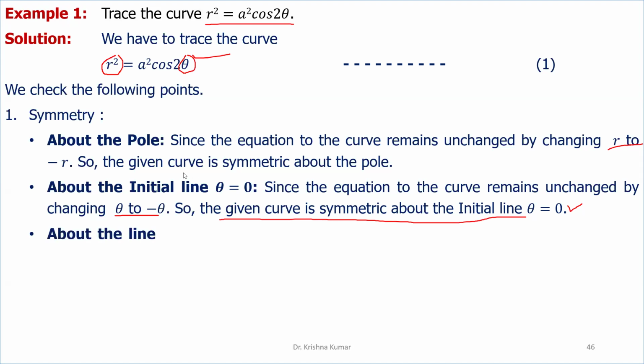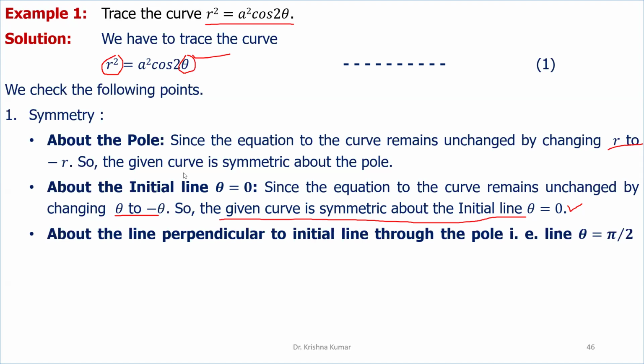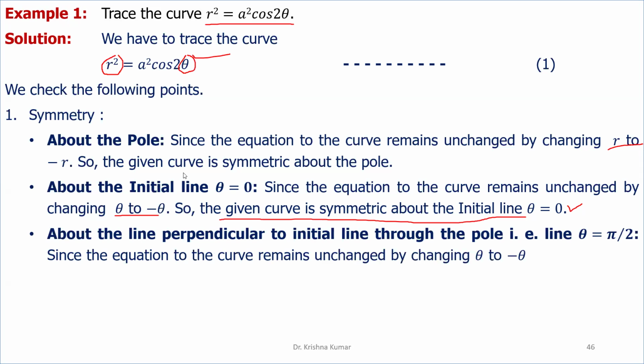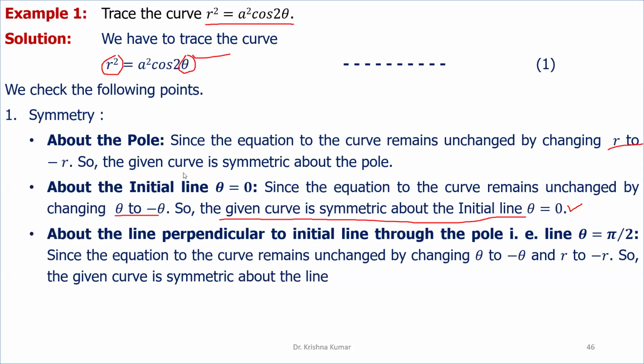The third symmetry is about the line perpendicular to the initial line through the pole, that is the line theta equal to pi by 2. How to check that it is symmetric about the line theta equal to pi by 2? We have to replace r by minus r and theta by minus theta.